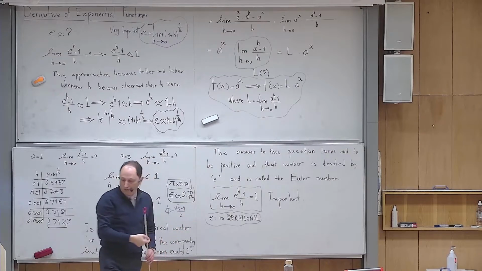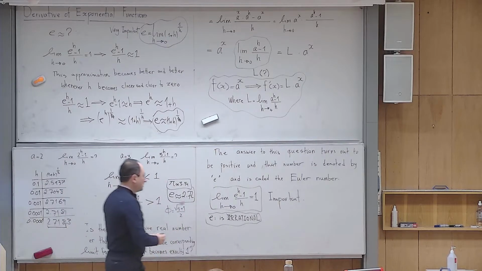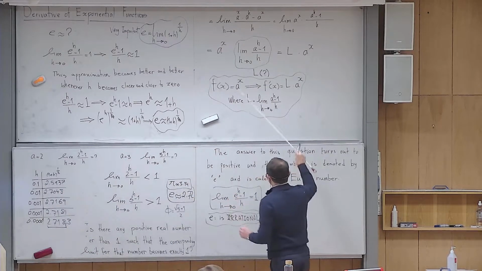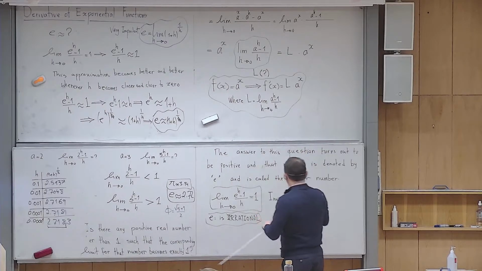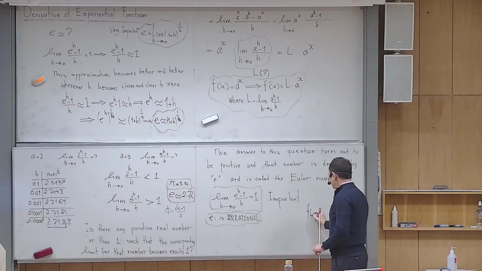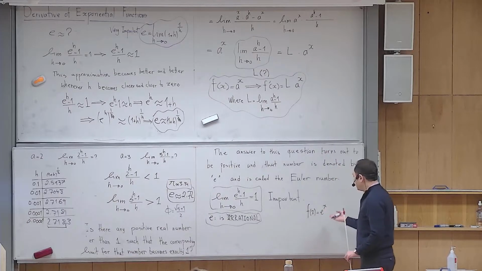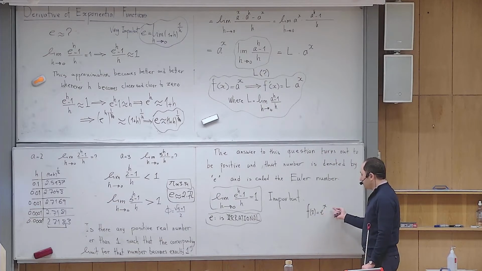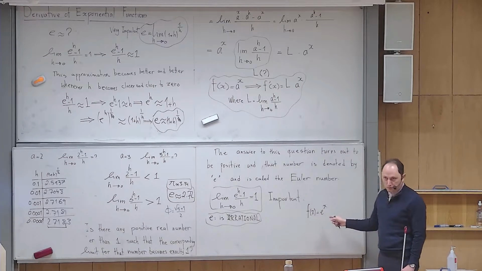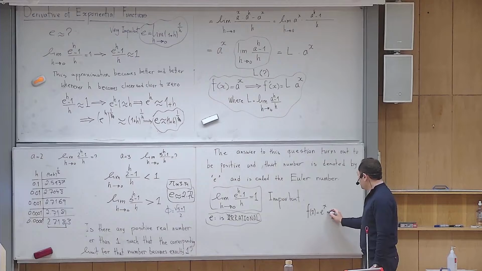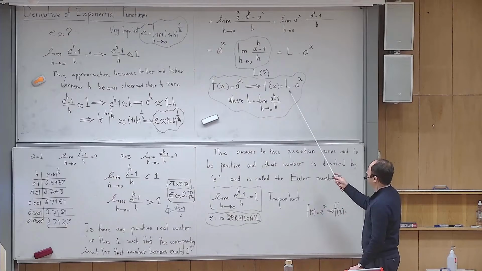So now, can you tell me what the answer is? Let us take this a and replace it with e. If I ask you about e to the power x, this is an exponential function whose base is the Euler number. Now I ask you, what is the derivative? Can you tell me? The derivative is L multiplied by the same function.